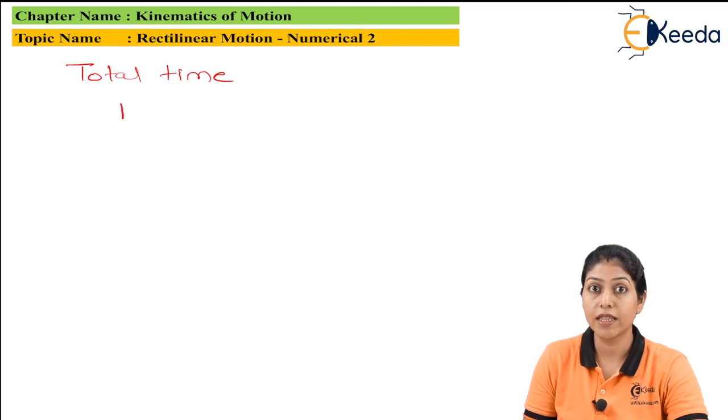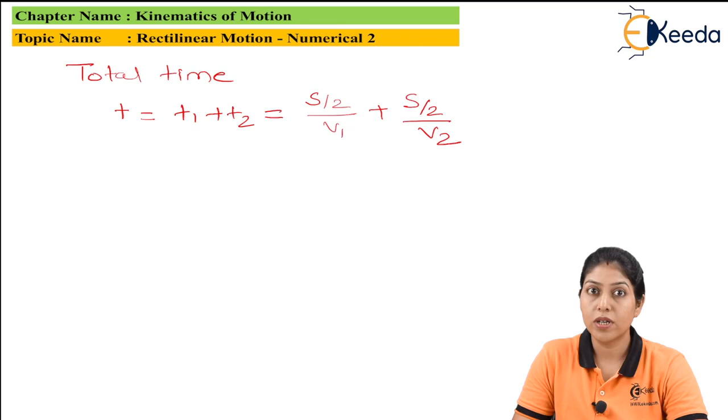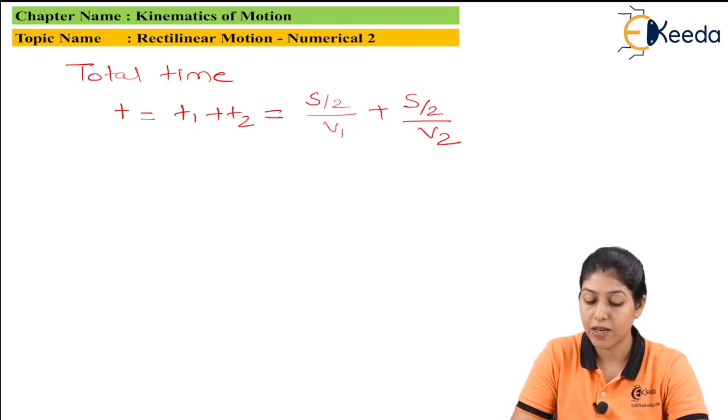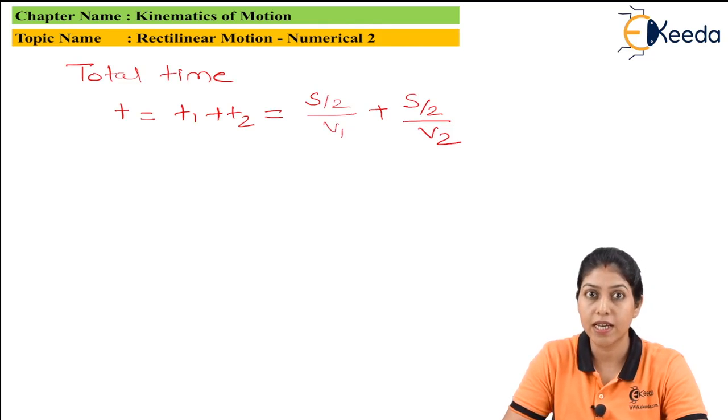Now the total time is T1 plus T2. T1 for the first half is S by 2 by V1, and T2 for the second half is S by 2 by V2.